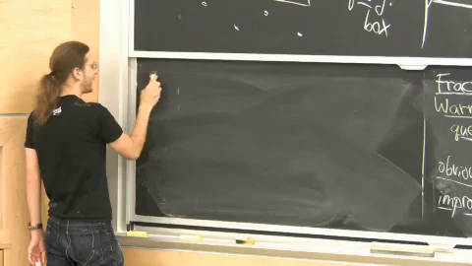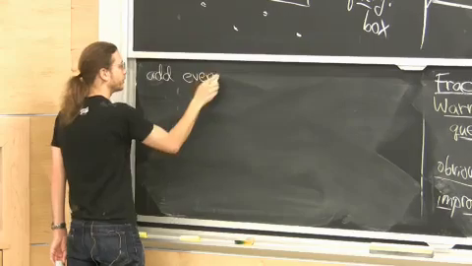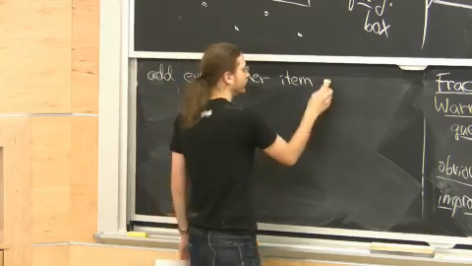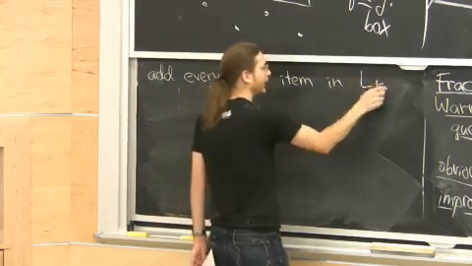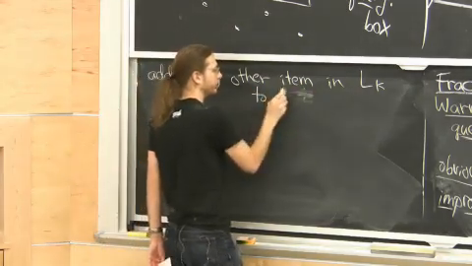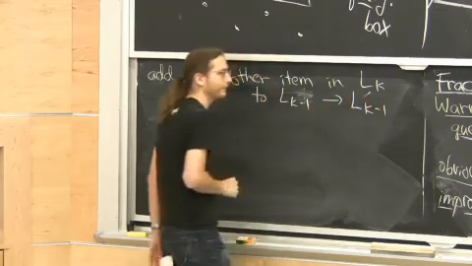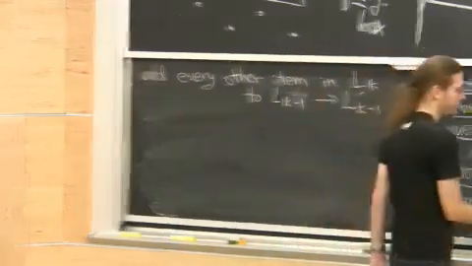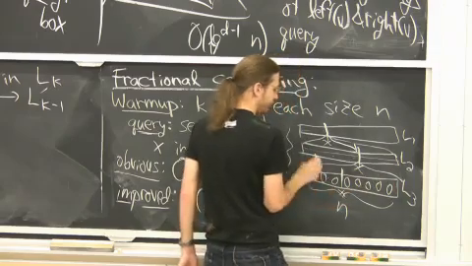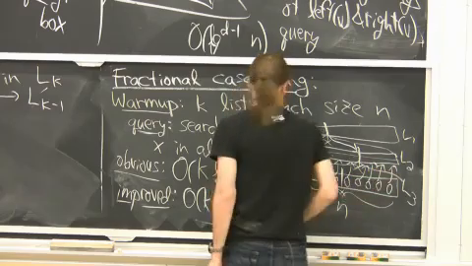I want to add every other item in Lk to Lk minus 1 and produce a new list, Lk minus 1 prime. So I take every second item here and just insert them into this list. It gets a constant fraction bigger.